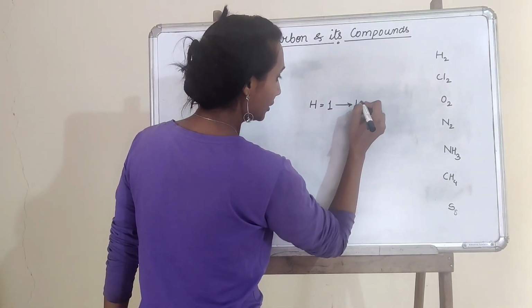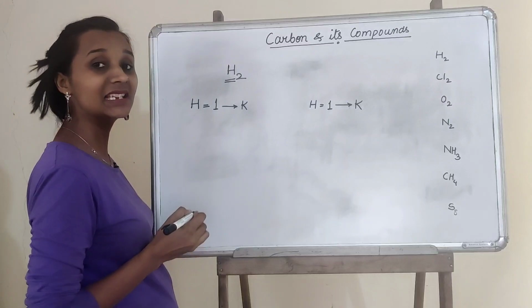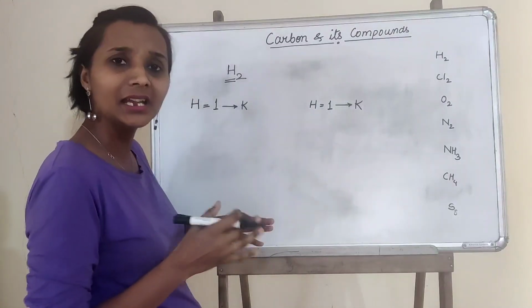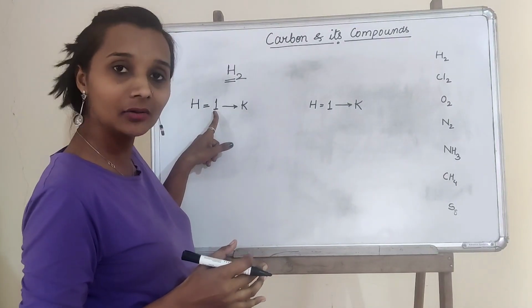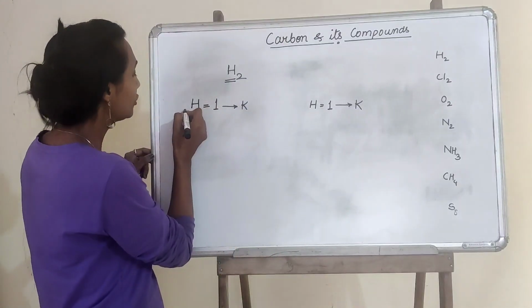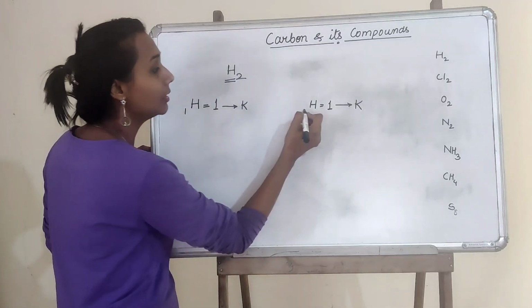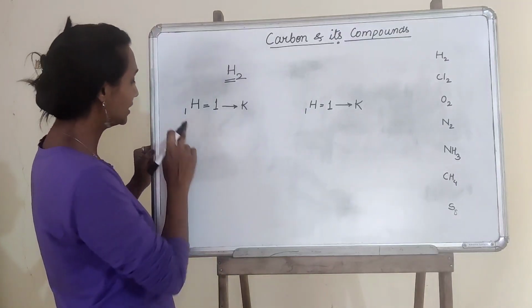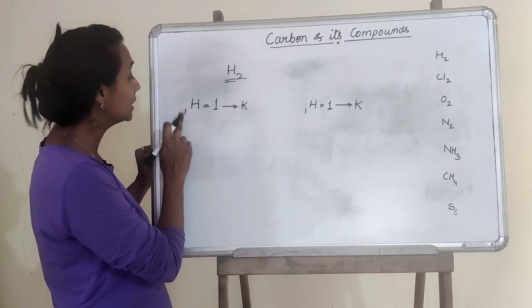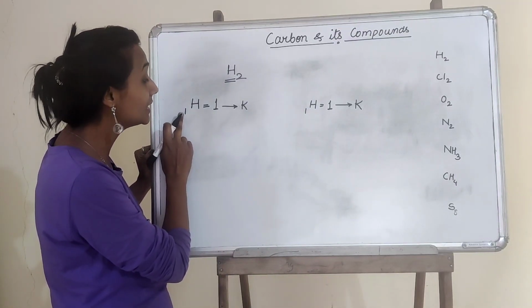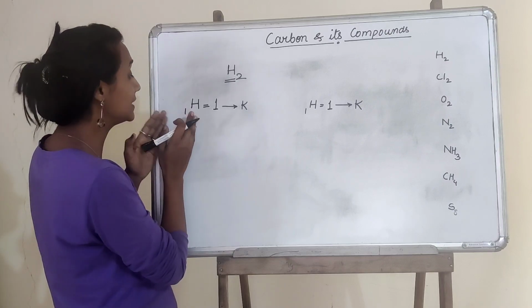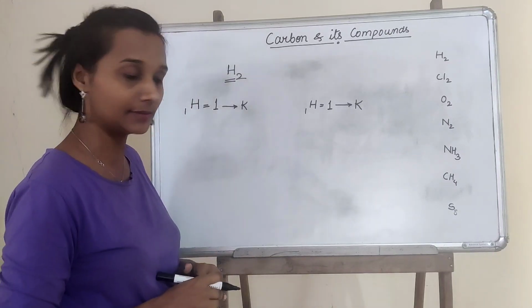This one electron is present in K shell. Do you know why I have written only one outside it? Because hydrogen has atomic number 1. So this 1 tells us the atomic number as well as the number of electrons present in that particular atom.